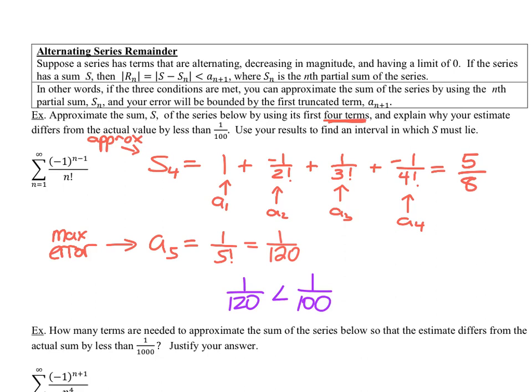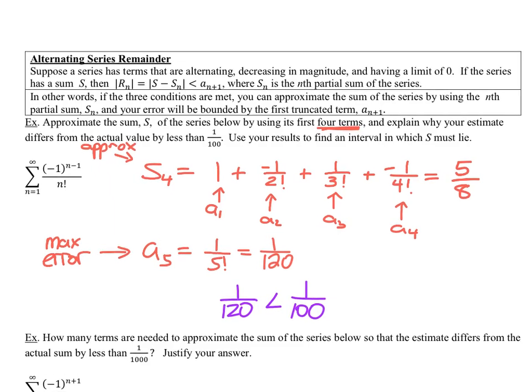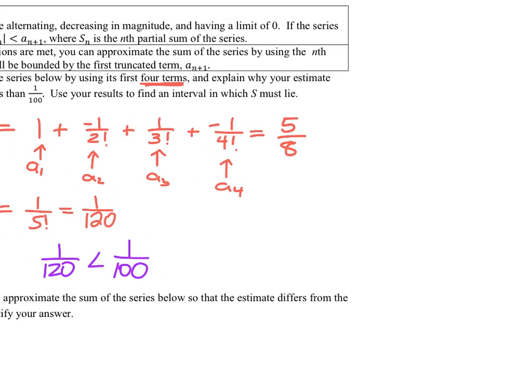So use the results to find an interval in which S must lie. That's where we generalize this. S minus S sub n, and n in this case is 4, has to be less than a sub 5.